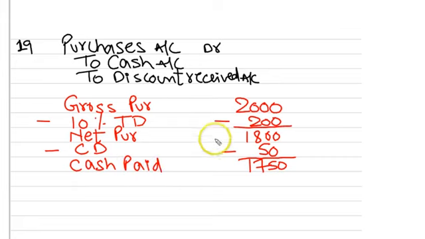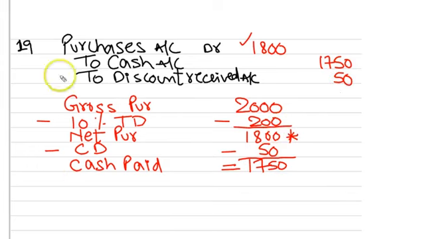Alright, so how will this be recorded? Net purchase will be debited to purchase. The final amount of purchase is 1800, this amount. Alright, it is recorded over here. Then cash paid will be 1750, which will be recorded over here, and discount received 50. Alright, what will be the narration for the same?